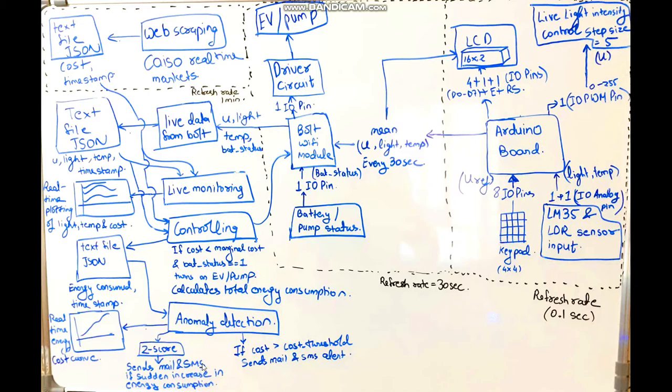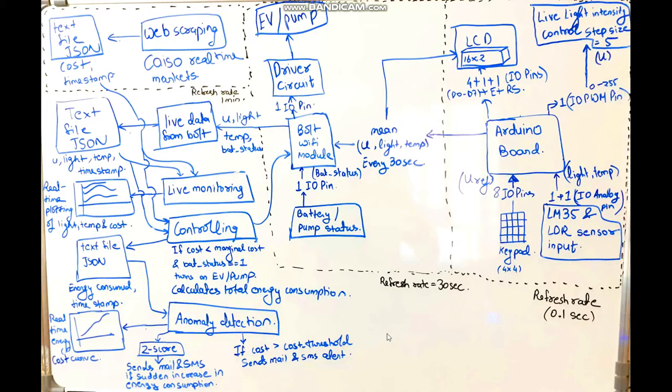The third thing it does is, if the cost is greater than a threshold value, then it will send a mail and an SMS alert. So let's say the cost increases to 100 dollars per megawatt. Generally it is around 20 to 40 or 45 maximum.